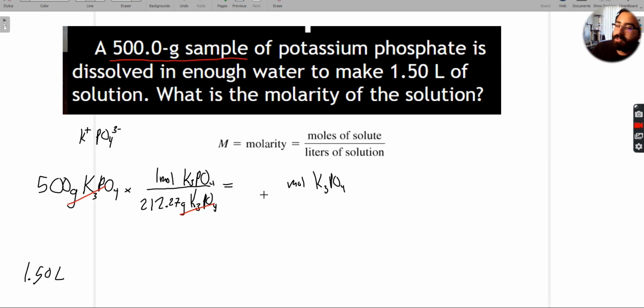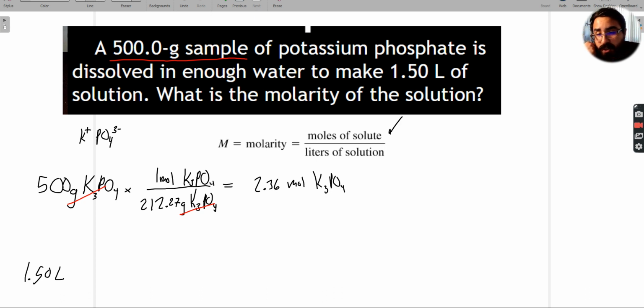How many moles is that? 500 divided by 212.27, and we end up getting 2.35, or 2.36 if you want to round up, moles of K3PO4.